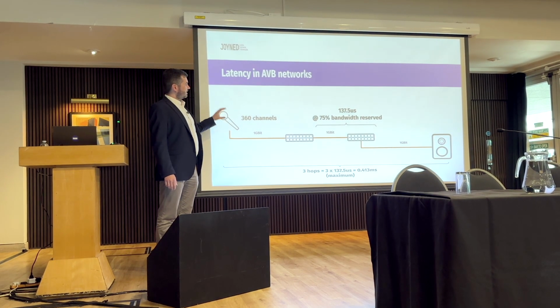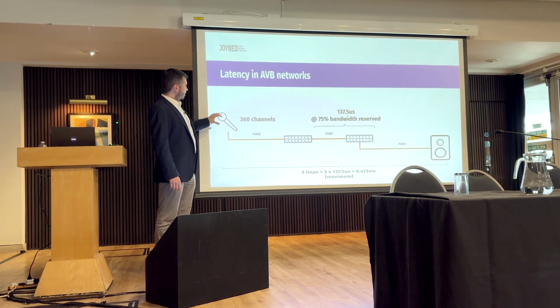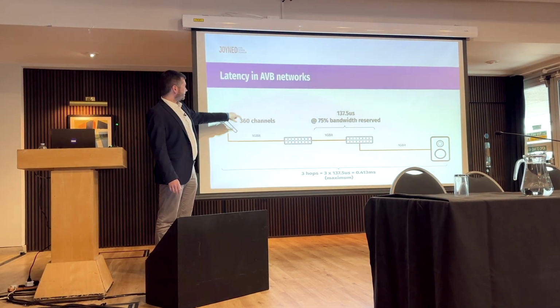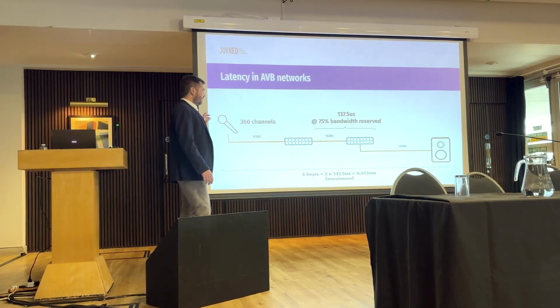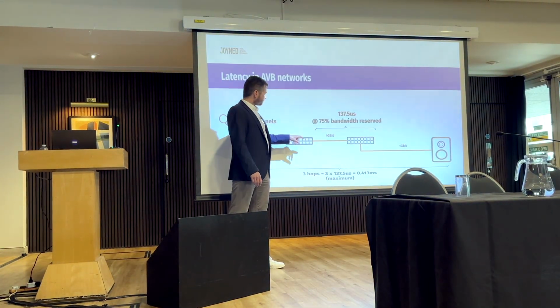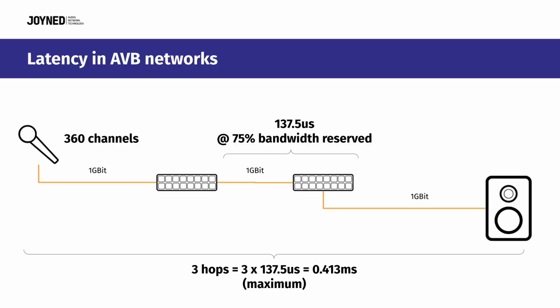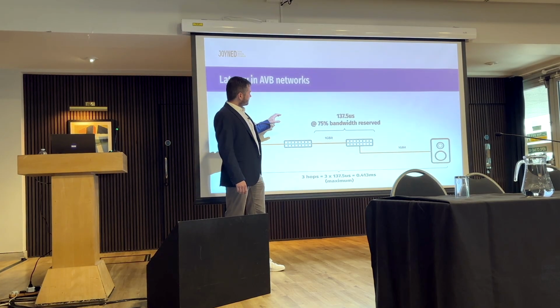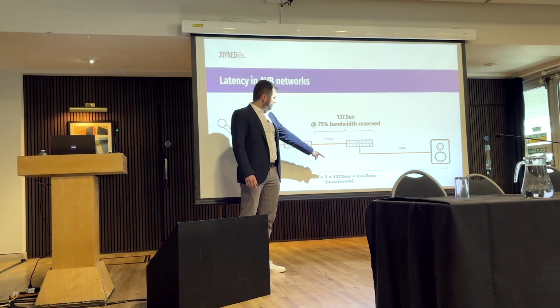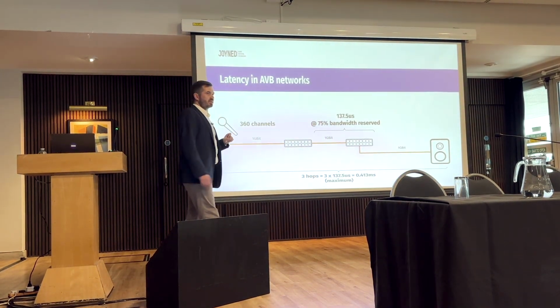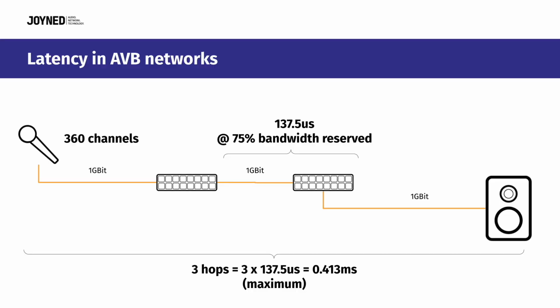Giving an example of loading the network with 360 channels, pushing that through two switches, that would equal having 35% of the bandwidth reserved. It would still allow us to keep the latency as low as 0.4 milliseconds. With a fully loaded network with 360 channels and two switches in between, 0.4 milliseconds.